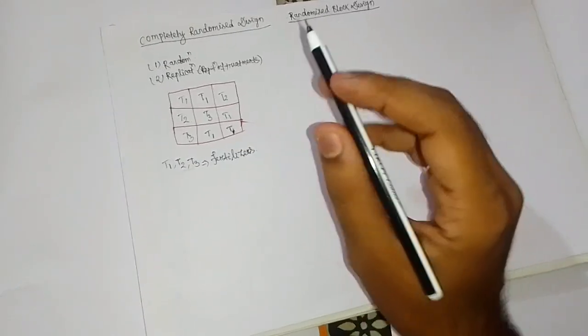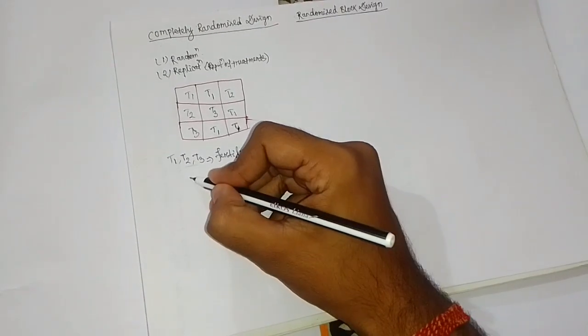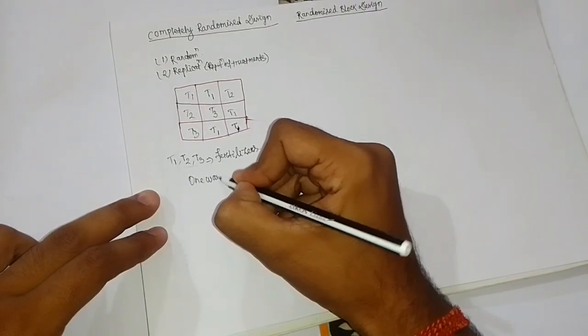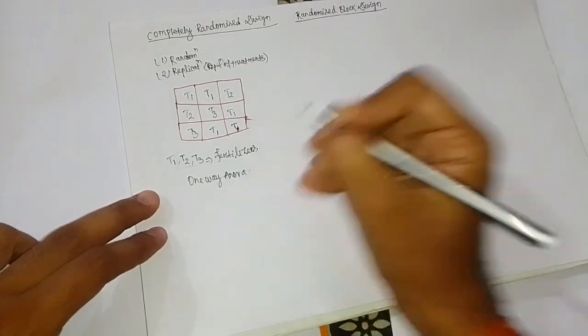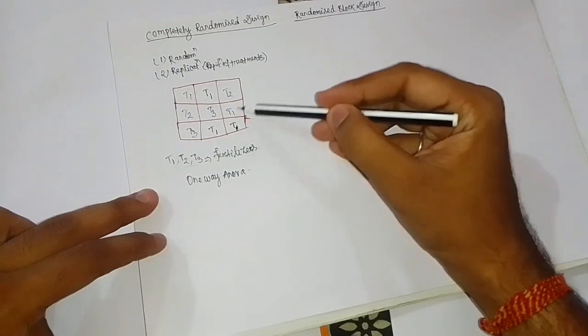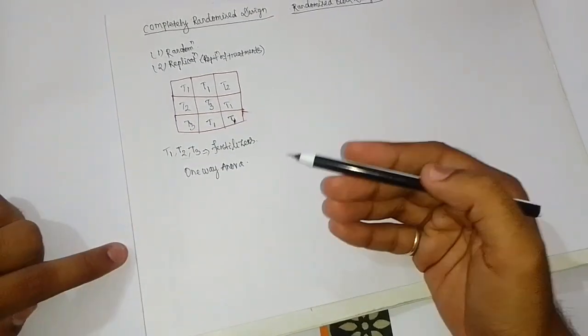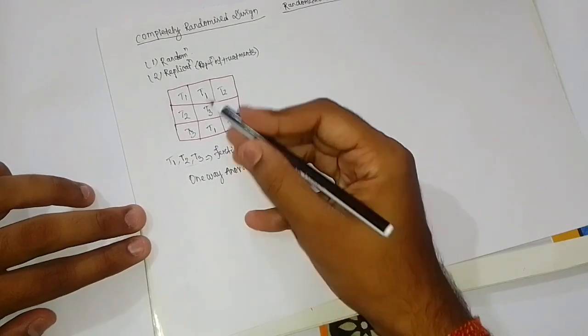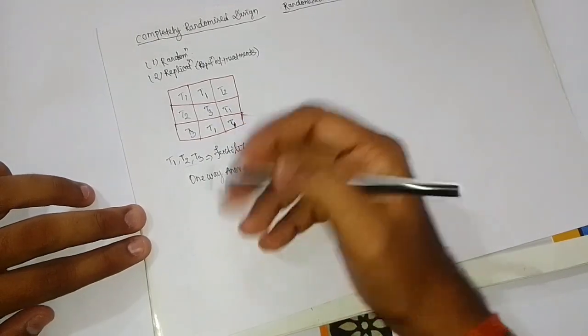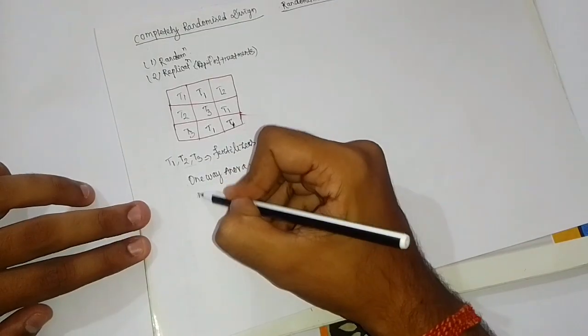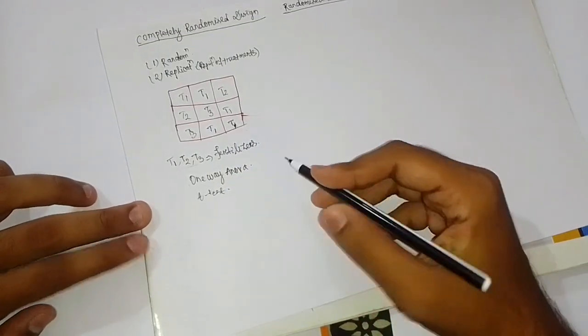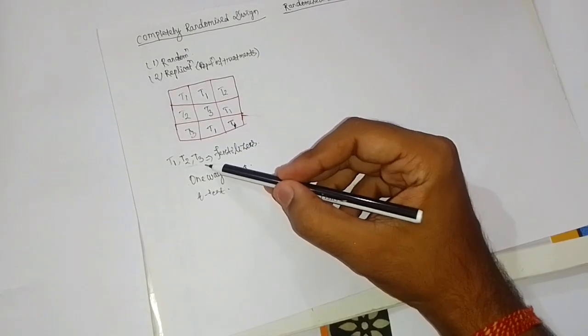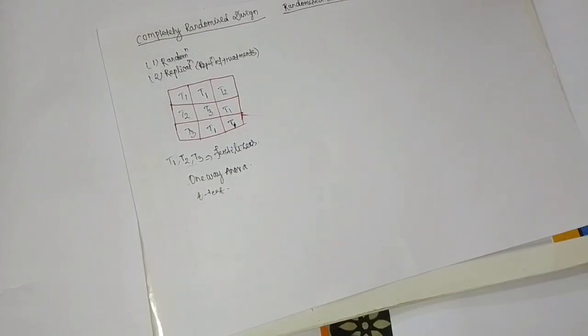In completely randomized design we only use one-way ANOVA to calculate the variation of treatments. Why do we use one-way ANOVA? We all know that for comparing the means of two factors, we use the t-test. But here we have 3 treatments, so we cannot use the t-test.